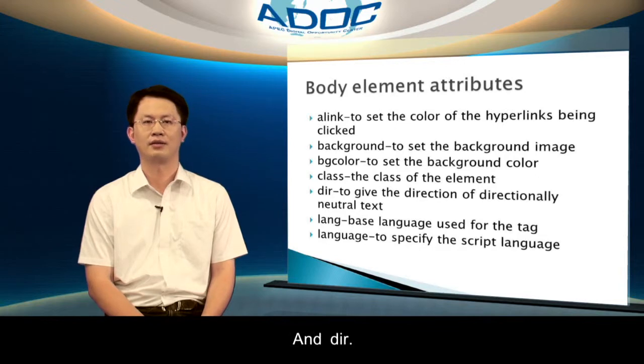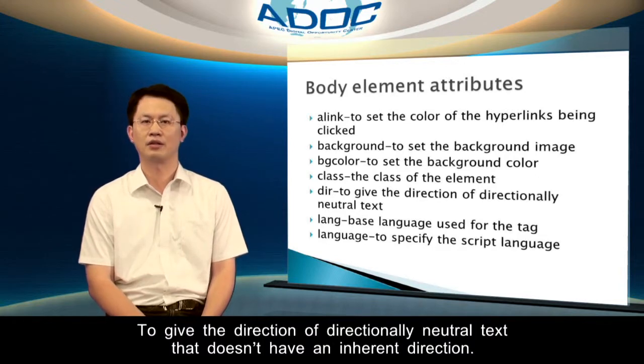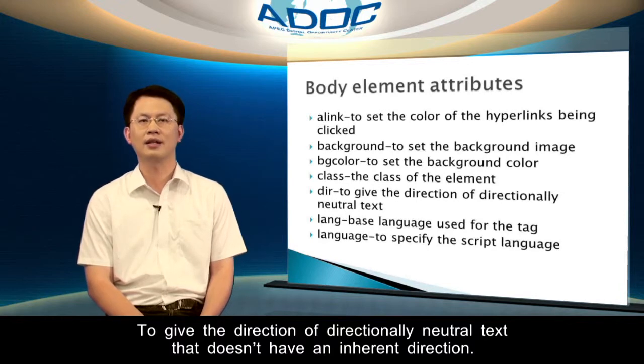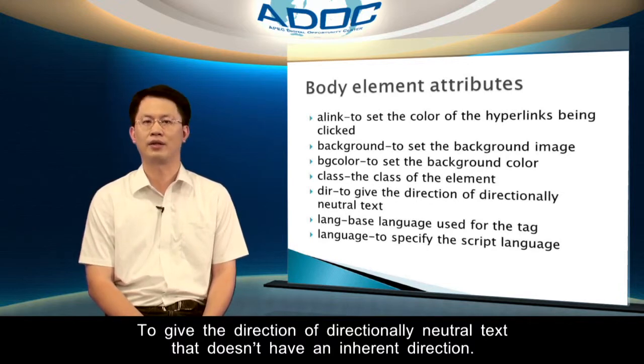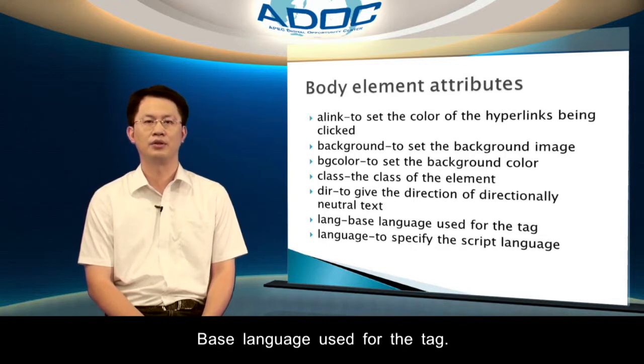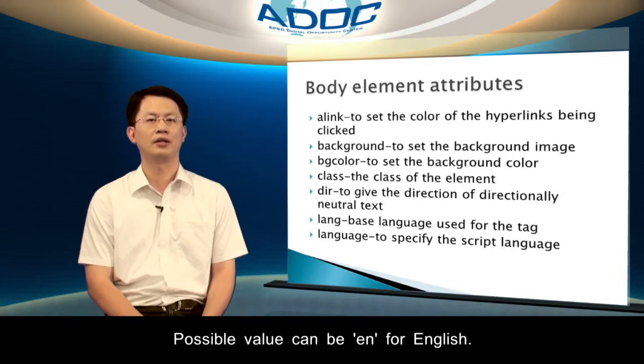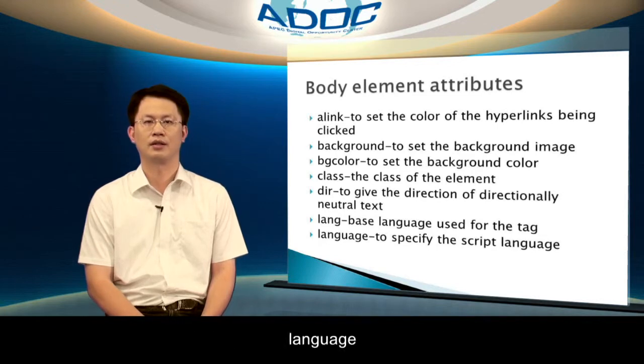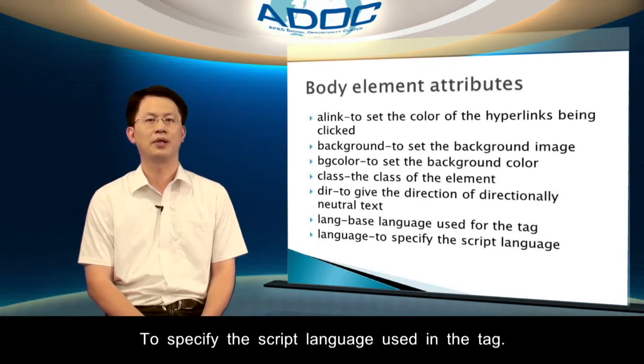And dir, to give the direction of directionally neutral text that doesn't have an inherent direction. Lang, the base language used for the text. Possible value can be EN for English. Language, to specify the script language used in the tag.